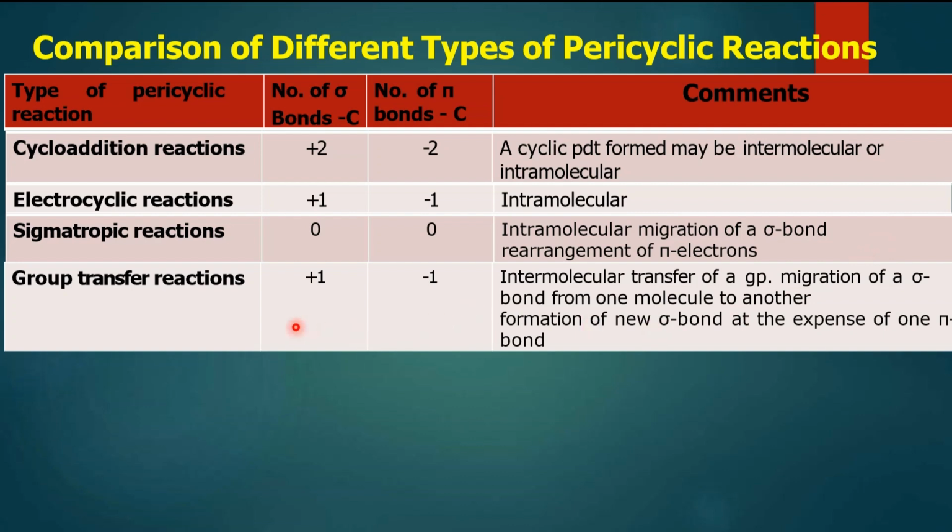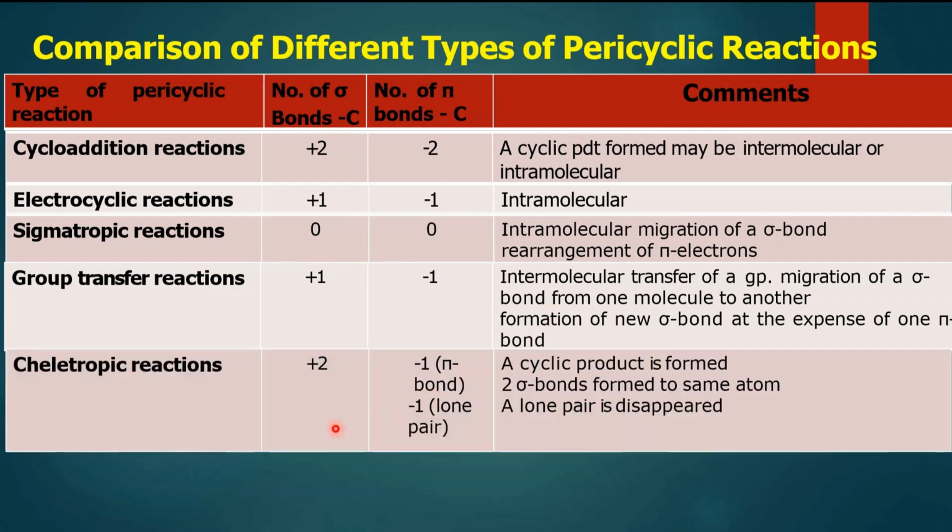In group transfer reaction, one sigma bond is formed at the expense of one pi bond, and the group transfer has occurred from one molecule to the other molecule.